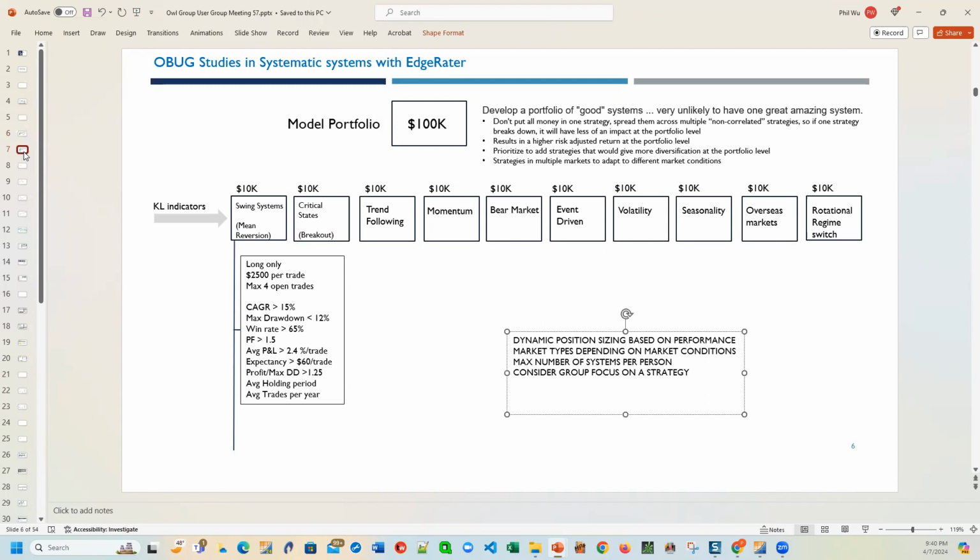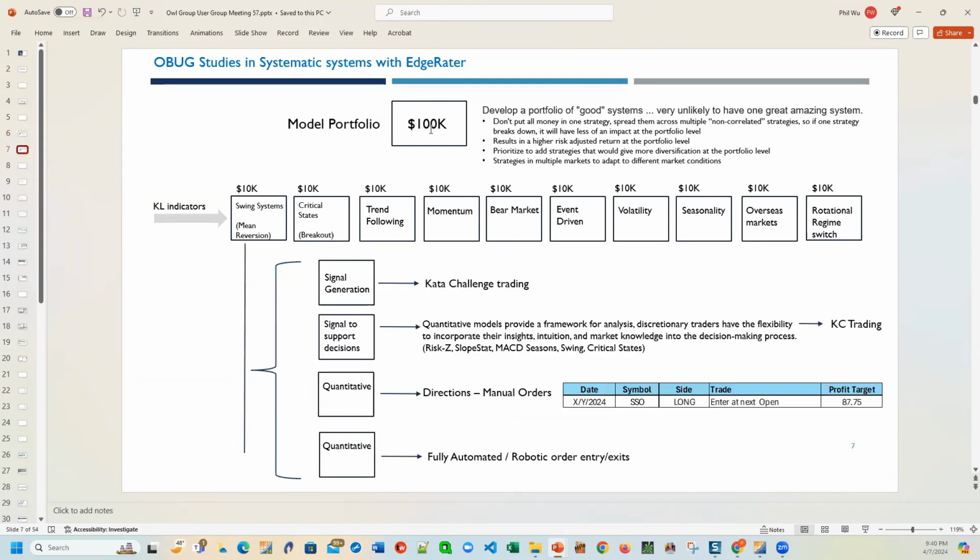Okay, so now with this, it's getting into how do we apply what we're learning to actual trade execution. So it depends. One approach could be that we get a signal generation, so the 5DD could be to find the movers, and then just use the kata challenge trading techniques to trade the mover.